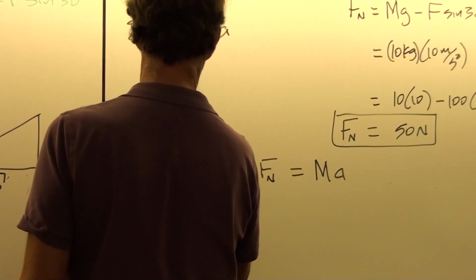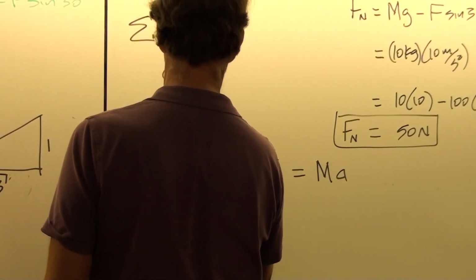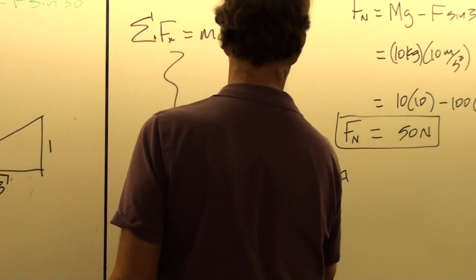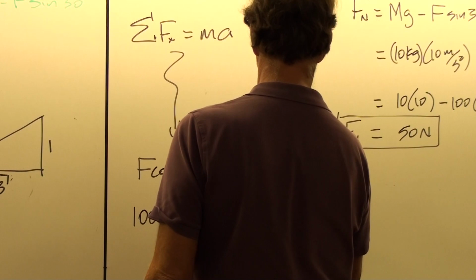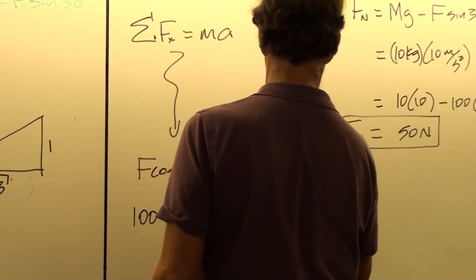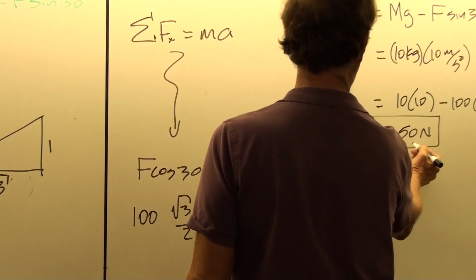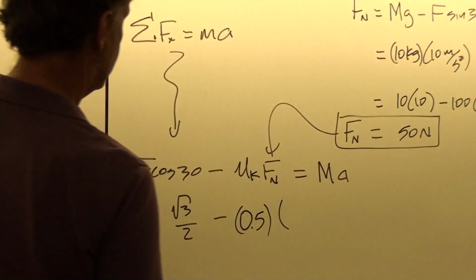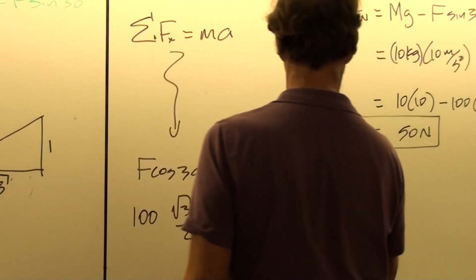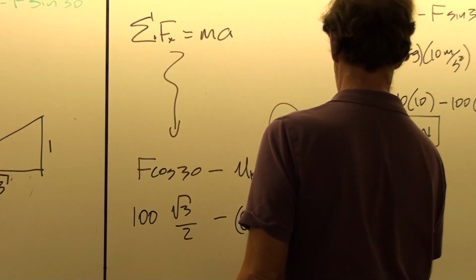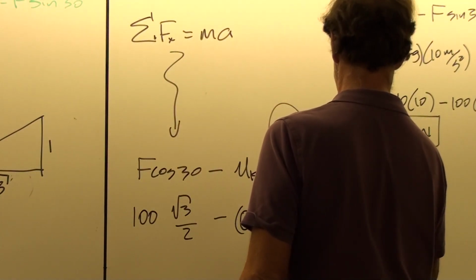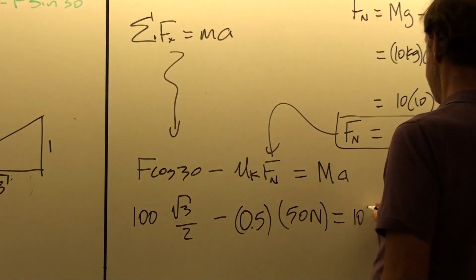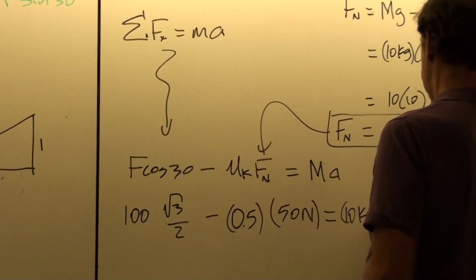This is 100 cosine of 30, which is root 3 over 2, minus mu k, which is 0.5, times the normal force, which we got here, 50. So that goes in here. It's like two equations and two unknowns. Equals m, which is 10 kilograms, times a.